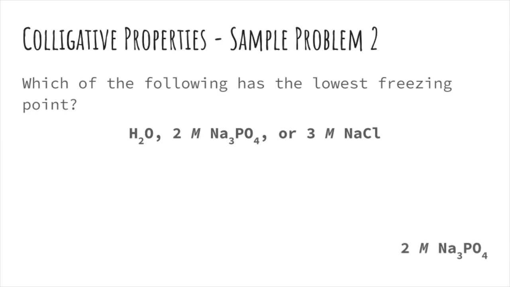That's because each formula unit of sodium phosphate will produce 4 ions. So that will be 8 molar ions in the solution. That's more than the 6 molar ions you get from 3 molar sodium chloride and is certainly more than the 0 particles dissolved in pure water. More solute particles means more lowering of the freezing point.